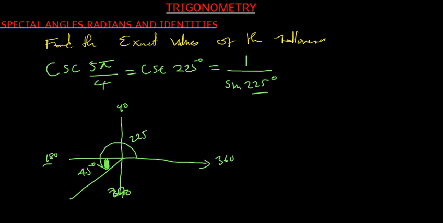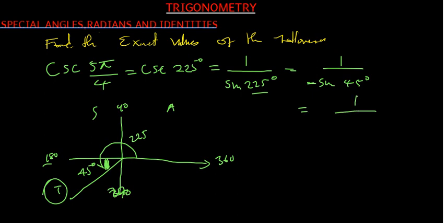So that means 1 over sin 225 is the same as 1 over sin 45. But what is sin in the third quadrant? Only tan, or students take, we see it's the only term which is positive. Sin is going to be negative in the third quadrant. So we're going to put a negative here. And then we go on, 1 over negative sine of 45. 45 is a special angle. Sine 45 is 1 over root 2.